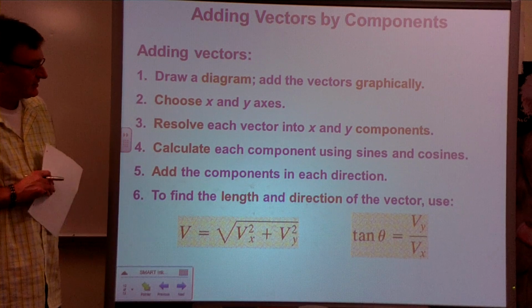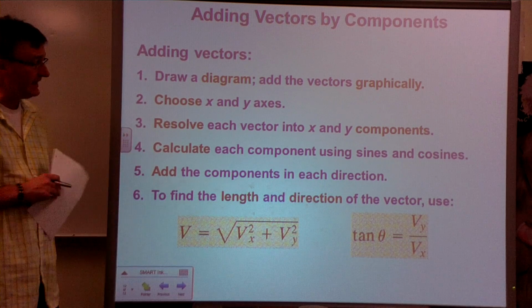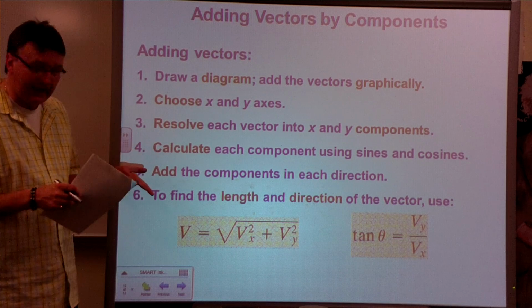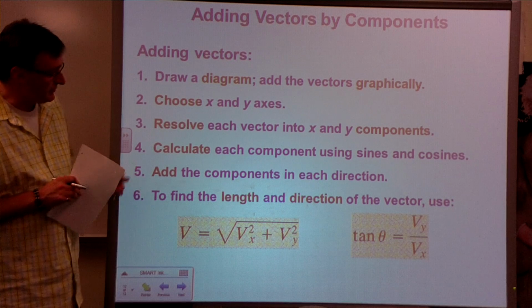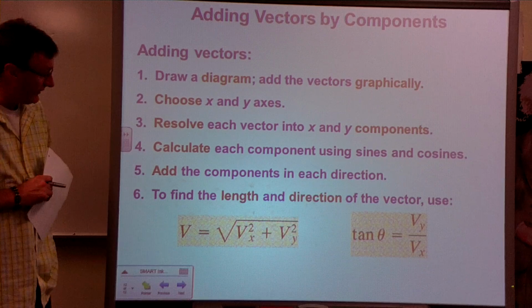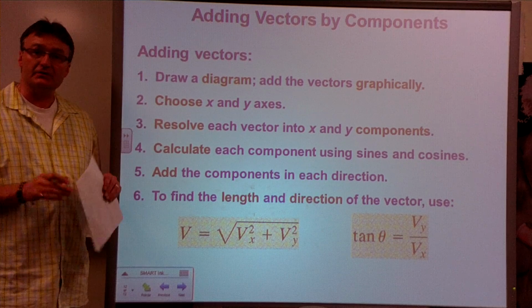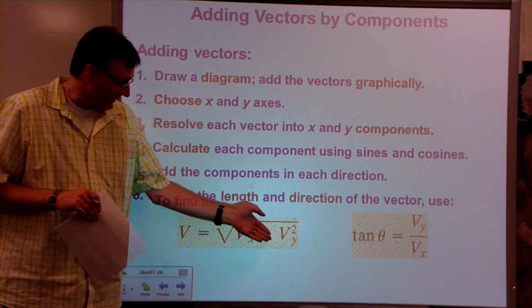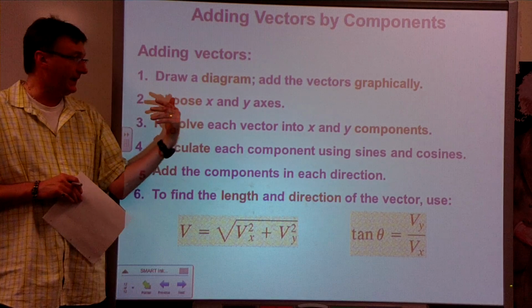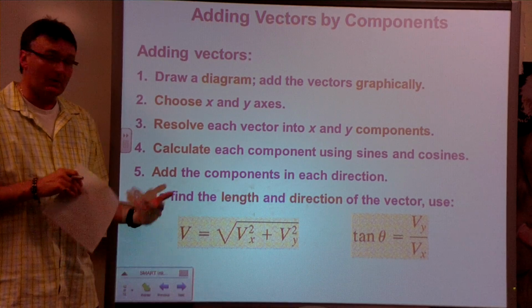Then calculate each component using your basic sine and cosine ratios. And in order to find the angle of the vector, we use the tangent ratio. Those are really the only things that we use: the Pythagorean theorem, the tangent ratio, and sine and cosine, and that's about all.